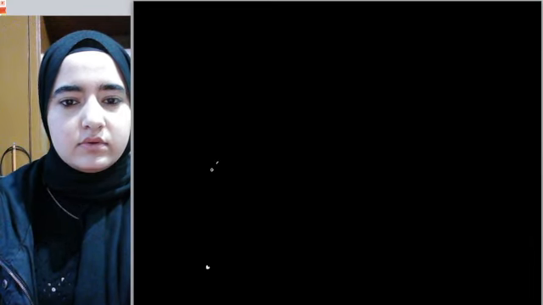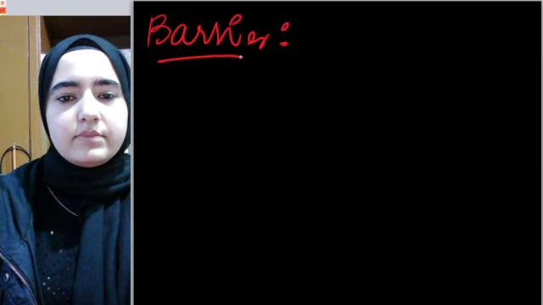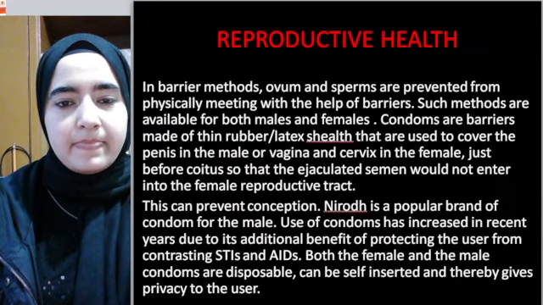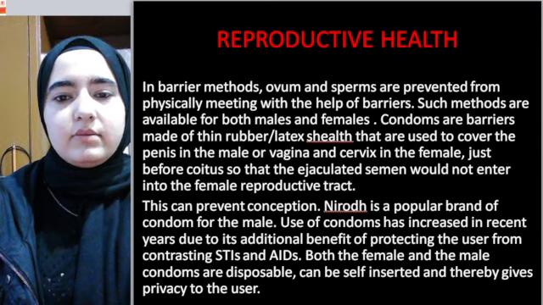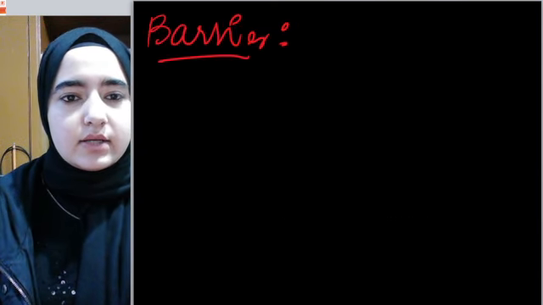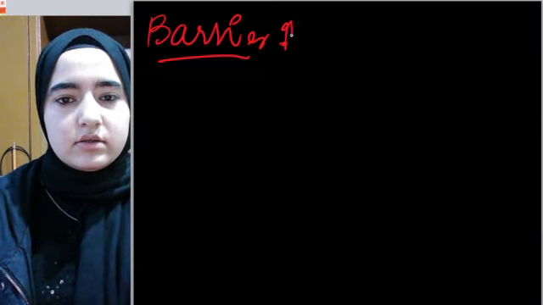Now we have barrier methods. A barrier is something which doesn't allow two things to meet up, which doesn't give permission to two things to meet up. So in barrier methods, we prevent the ovum and sperm from physically meeting.